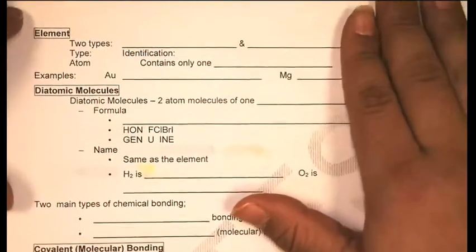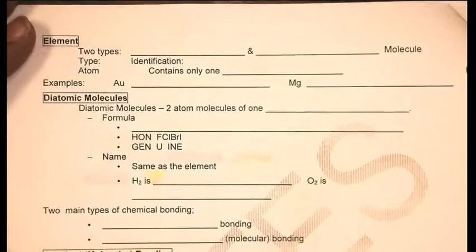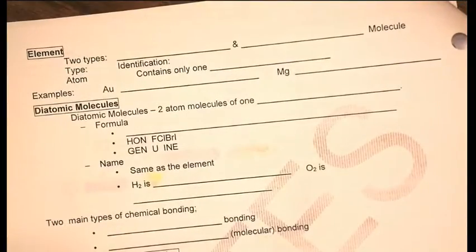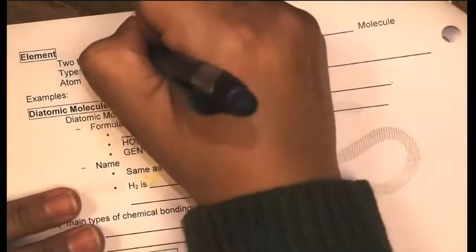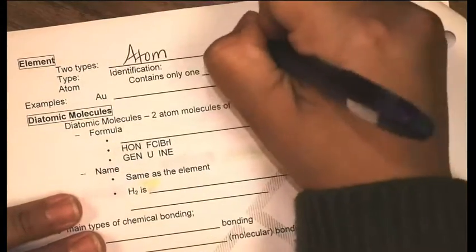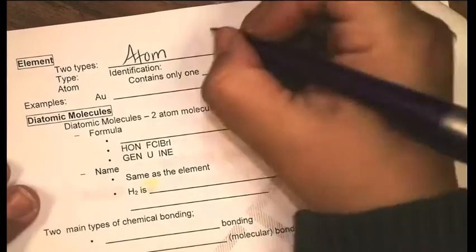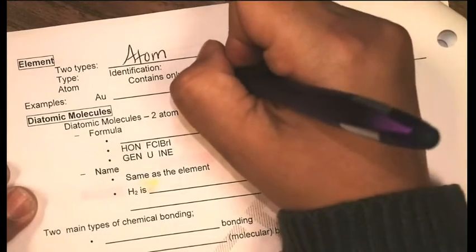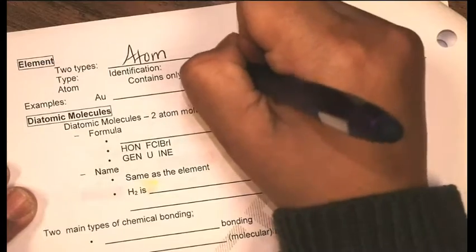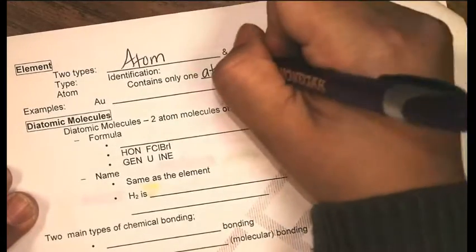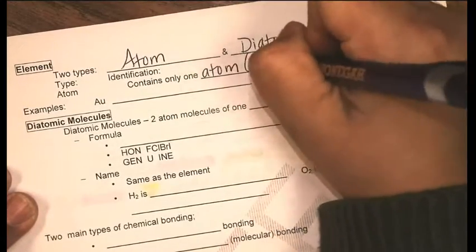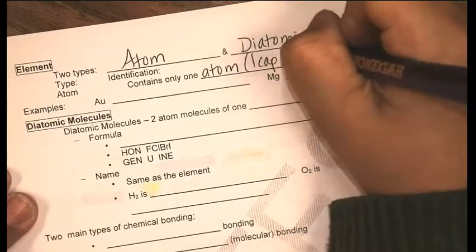So we already know the element, there's 2 types, right? We know that they are the atom, and we also have the diatomic. Identification is that it only contains one atom: one capital letter, no subscripts, okay?